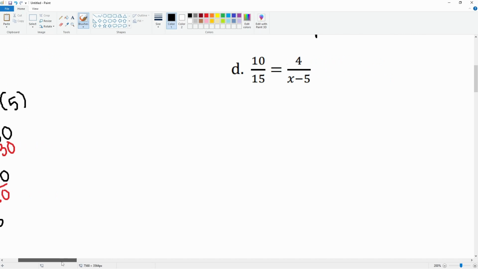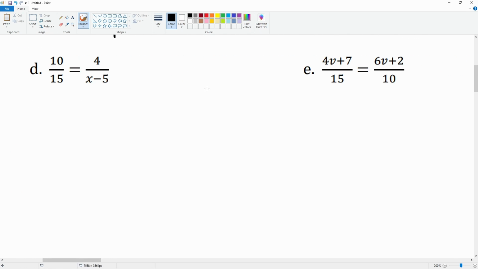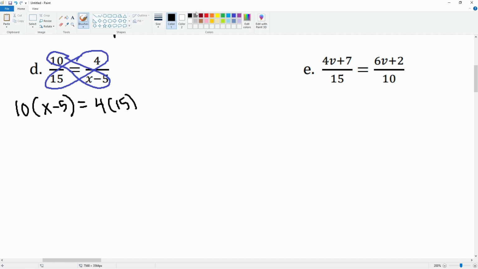All right. The letter D, you can here do the butterfly method if you want, which is just the process of cross multiplication. So here you have 10 parentheses x minus 5, close the parentheses because they're multiplying. Bring down the equal sign. The second wing is 4 times 15. So 4 parentheses 15. Let's now do the distributive property on the left-hand side.